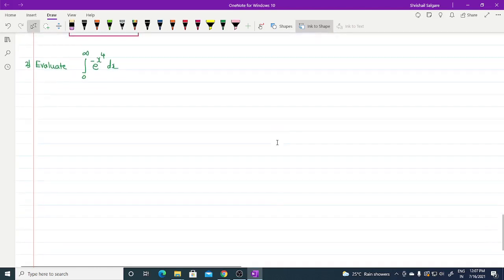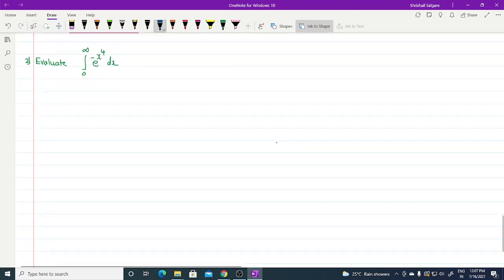Now first step, call that integral as I. So let I is equal to integral from 0 to infinity e to the power minus x raised to 4 dx.